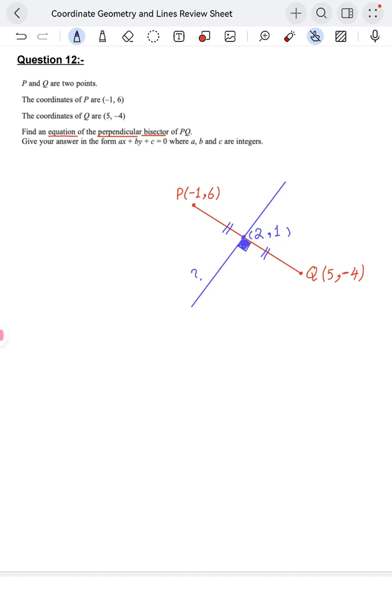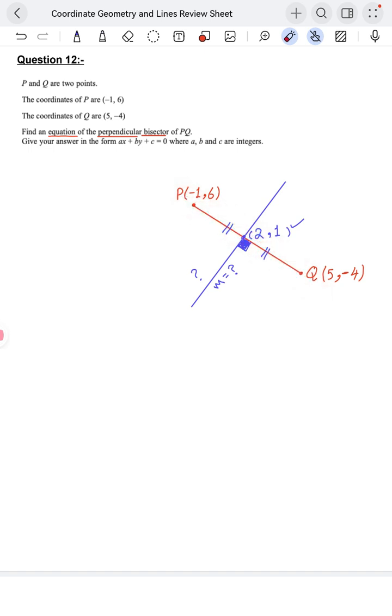Now we need to find the gradient. Since we have a point, you just need to find the gradient. How can you find the gradient of the red line? It seems to be negative since the line inclines downward to the right.